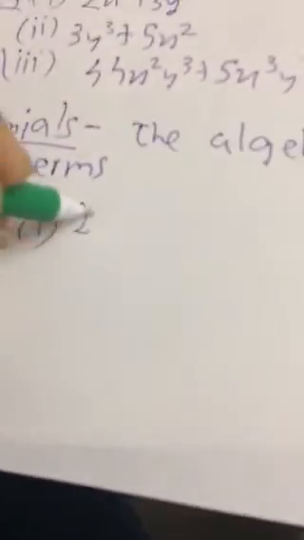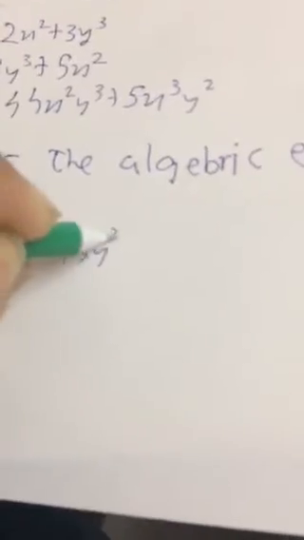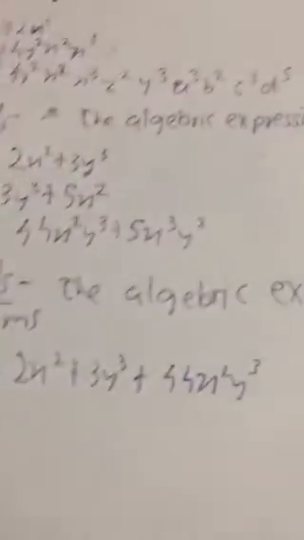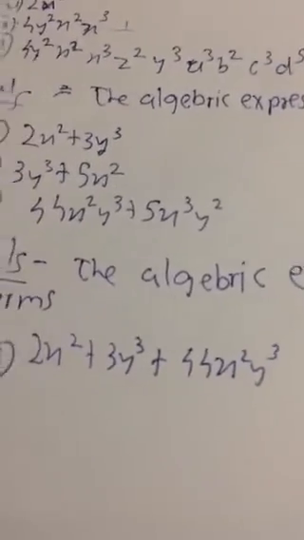Let me give you another example: 2x square plus 3y cube plus 44x square y cube. This is also a trinomial because there are three terms. After trinomials there come polynomials.